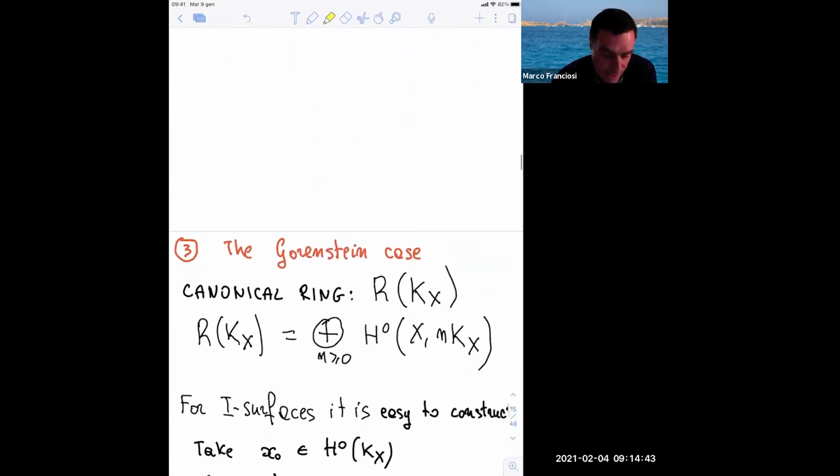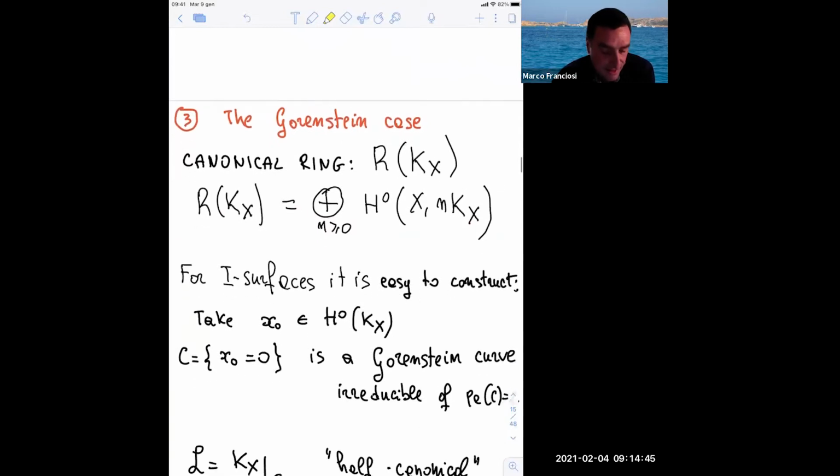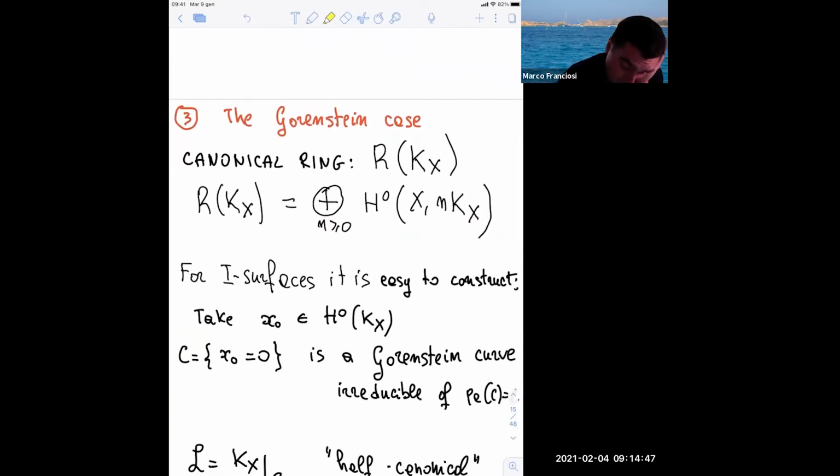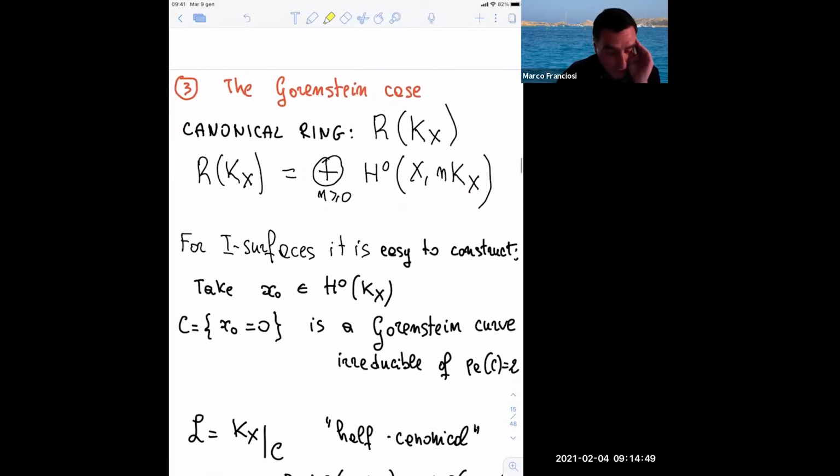So let me now recall the Gorenstein case, which we studied a few years ago. We consider the canonical ring R(K_X), which is the direct sum of the sections of the powers of the canonical divisor.